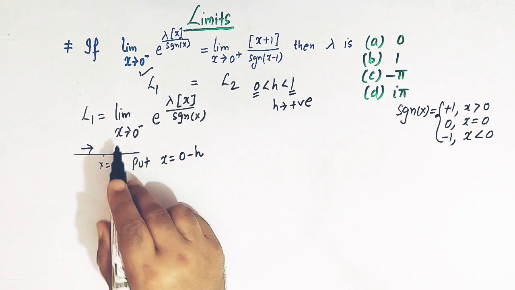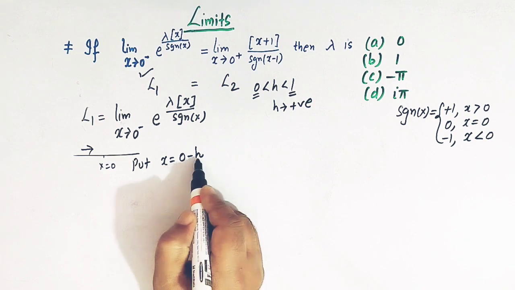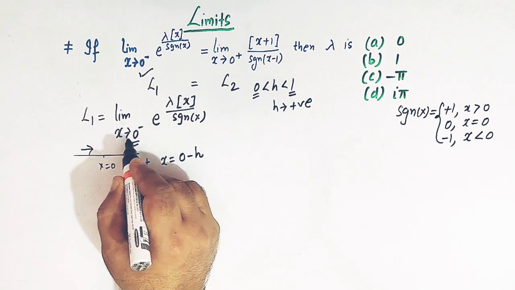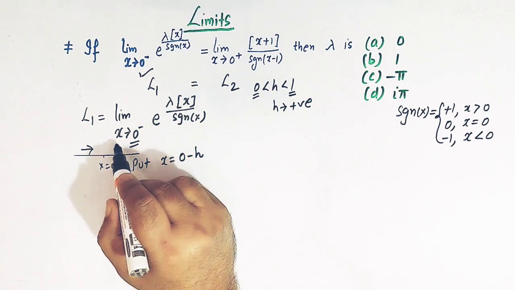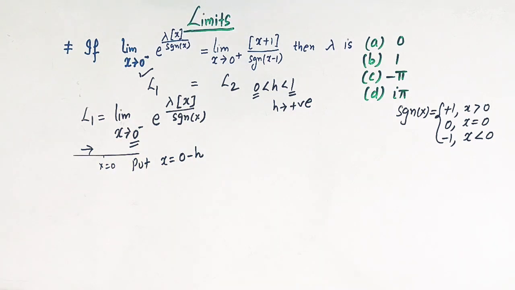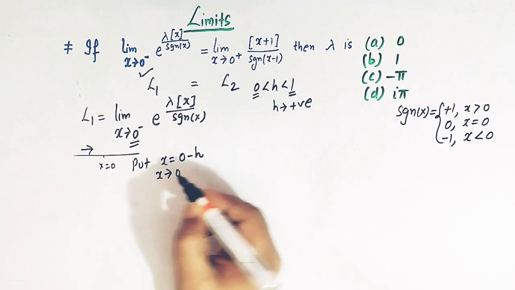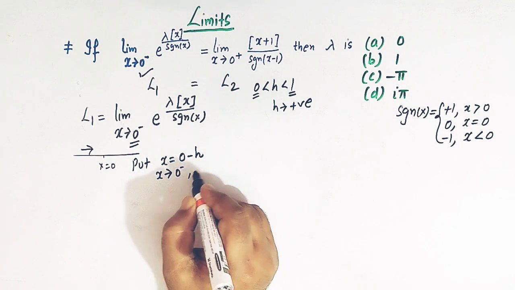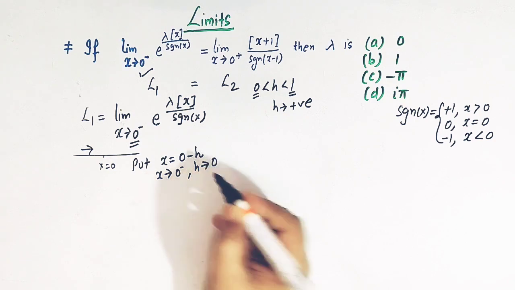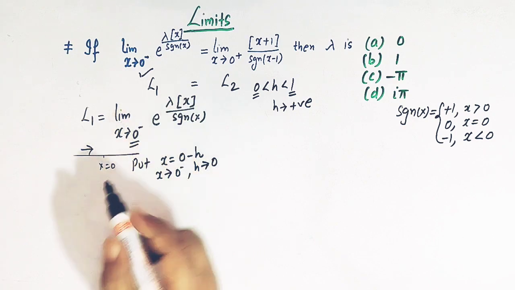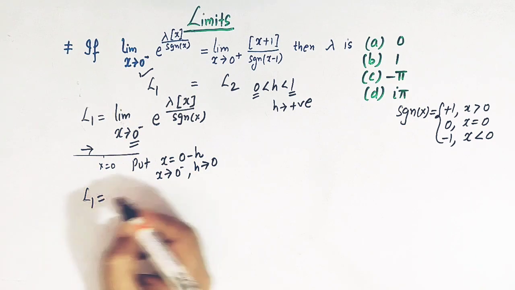We take x is equal to 0 minus h because we have to find the left hand limit of this function when x approaches 0. And when x tends to 0 minus, then obviously h tends to 0. So let us transform this limit in terms of h.